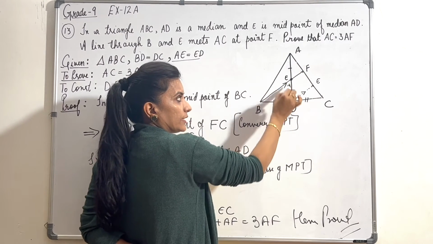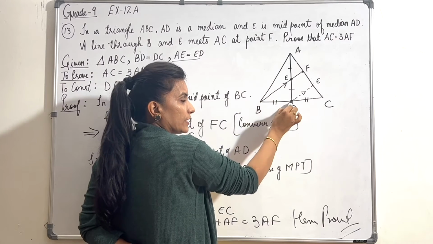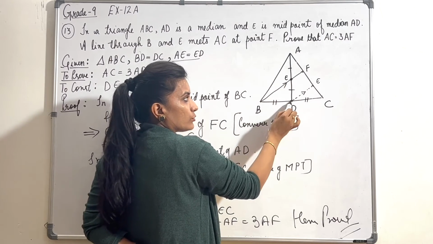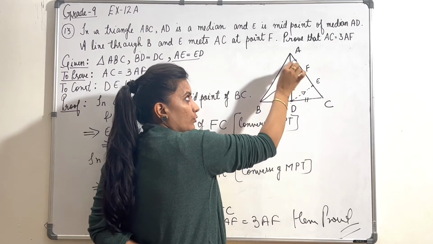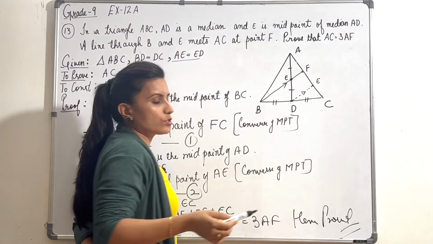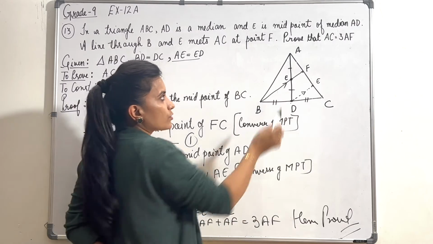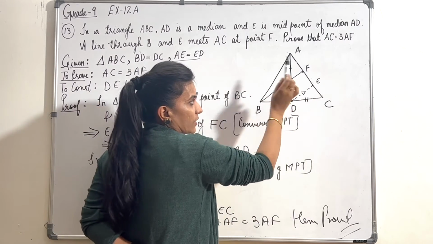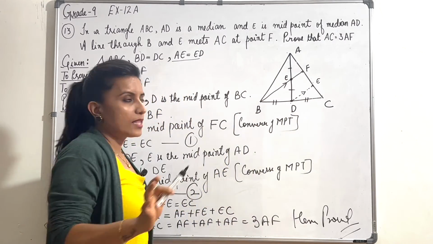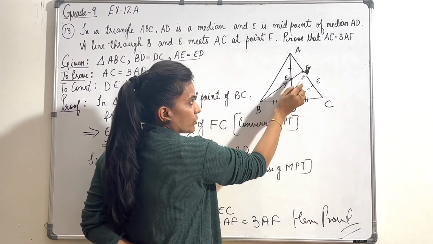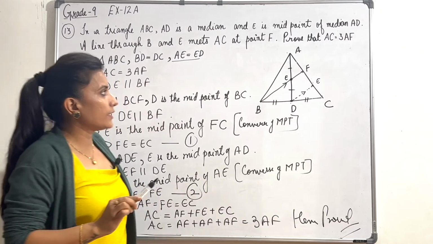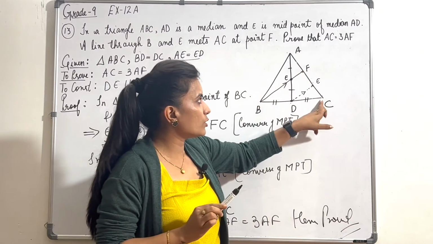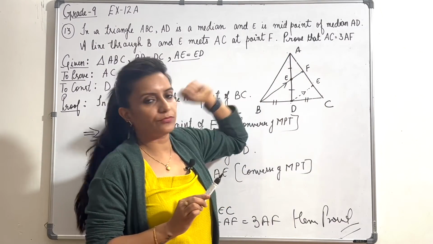In this triangle, E is the midpoint of AD and EF is parallel to DE. So this concludes that even F is the midpoint of AE from the converse of midpoint theorem, right? So AF will be equal to FE. So finally we have shown that AF is equal to FE is equal to EC, right? So this implies that AC is equal to 3 times AF.